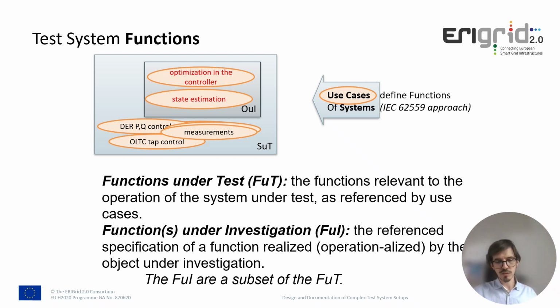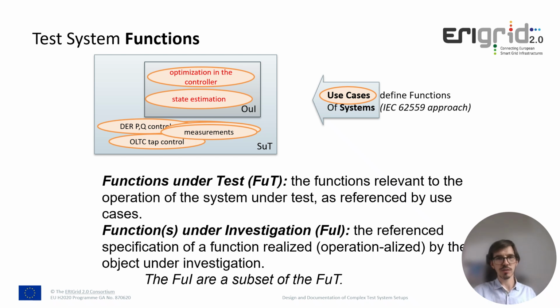Since the system describes only the configuration, we should also define the functions. Functions are generally described in use cases, which are associated with the system. So, for example, in the case here, we talk about the optimization in a controller and the state estimation. These are the two components, functions performed by the controller, that are being investigated.